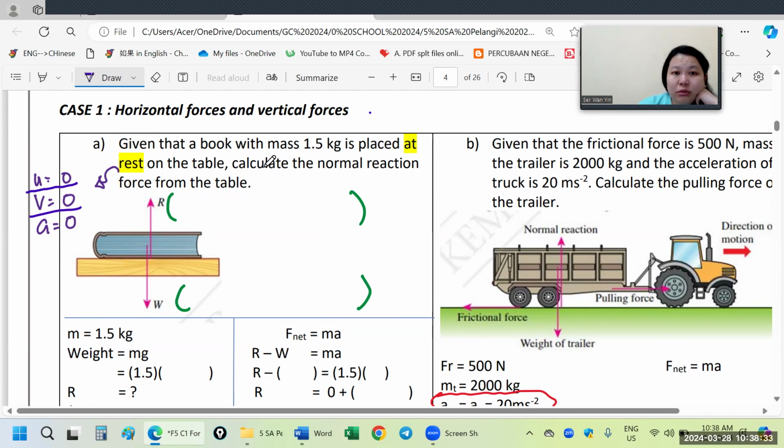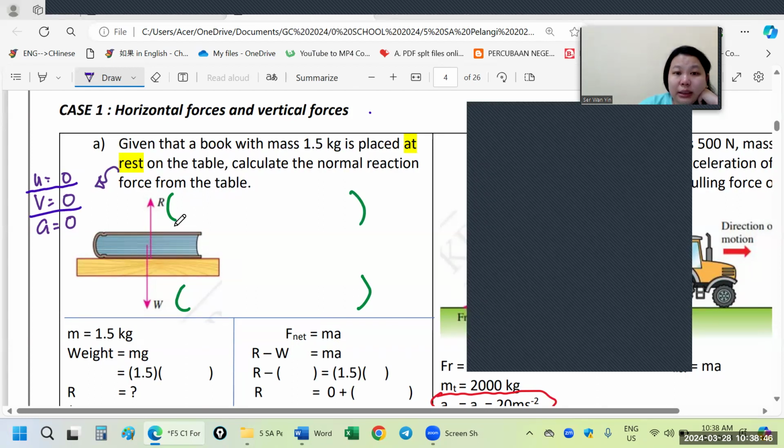So now, may I know what is R, the name of R? Yes, thank you, Eric. It's normal reaction. Normally for normal reaction we don't write force, but actually it is force.